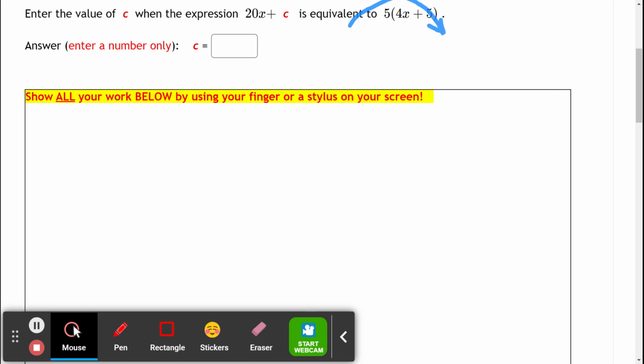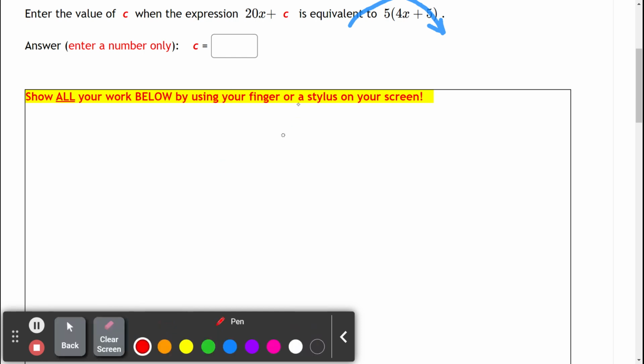Okay, next. Here we have 20x plus c. We're trying to find out what is c. So it's the constant term.